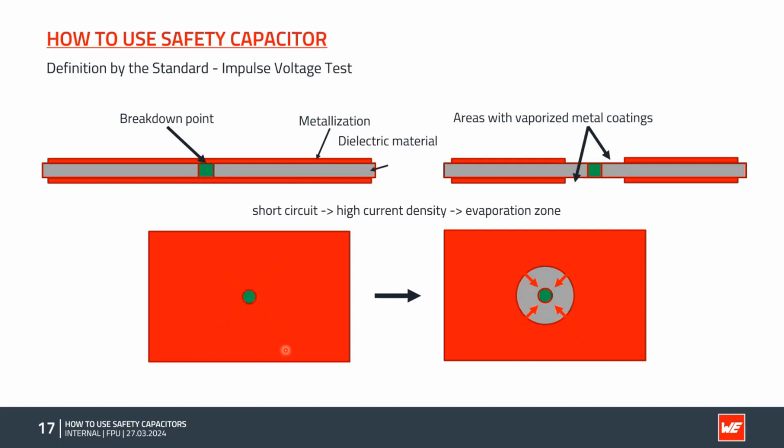Then there's a concentration of the current, so there is a hotspot, with a lot of heat and current. Then this area gets vaporized. It means the metallization is vaporized, so it really goes into the surroundings. But then it's healed, so there's no short circuit anymore, and the capacitor functions as normal.